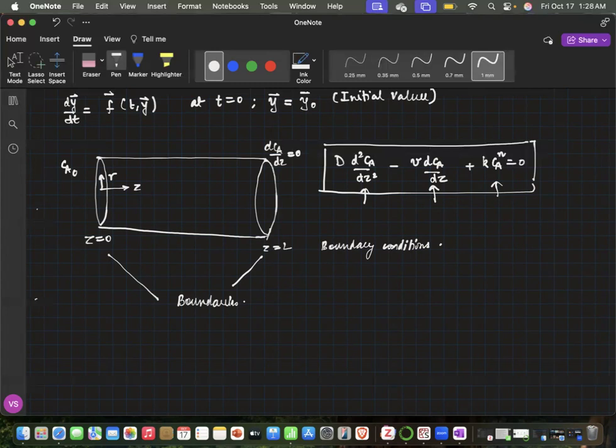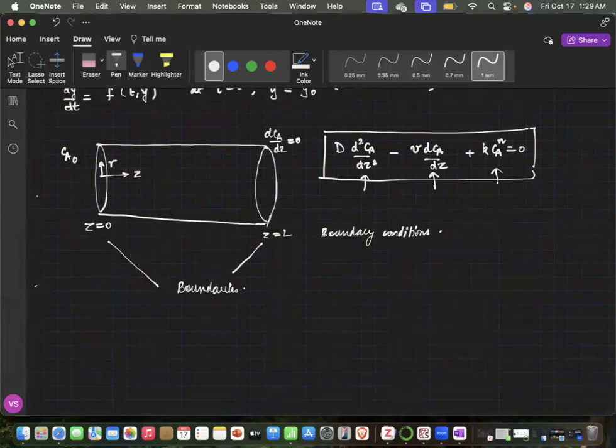Right? So these are physically very relevant, but now we have conditions at two different boundaries, and this kind of a problem cannot be solved using the methods for initial value problems that we learned so far, right? So we'll have to apply a different set of methods. In this lecture, we'll learn how to treat such problems.